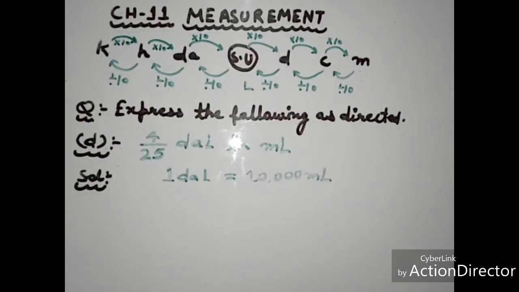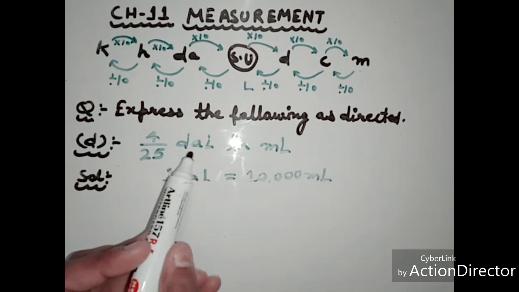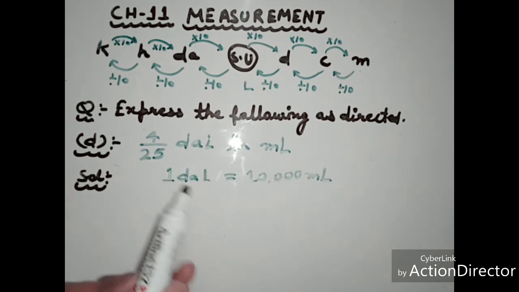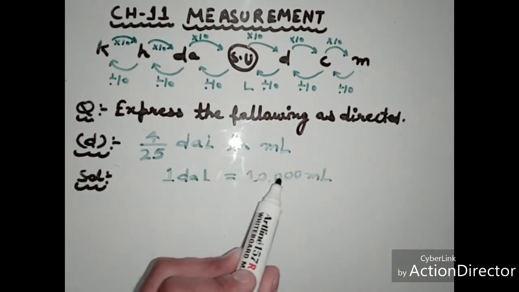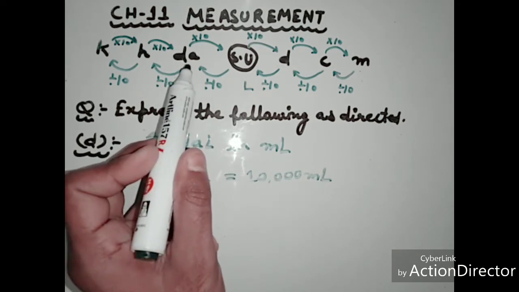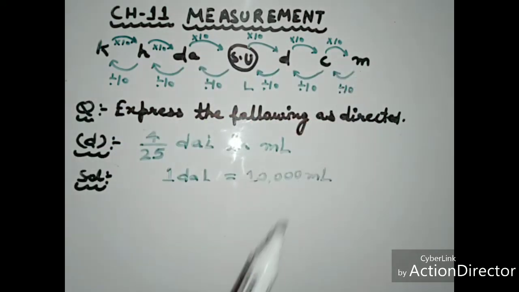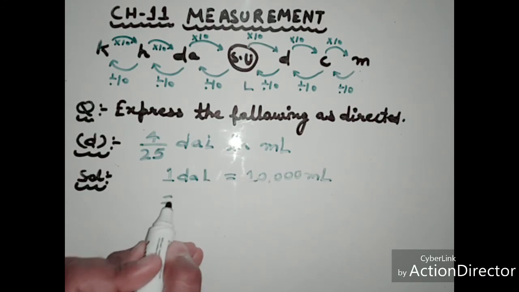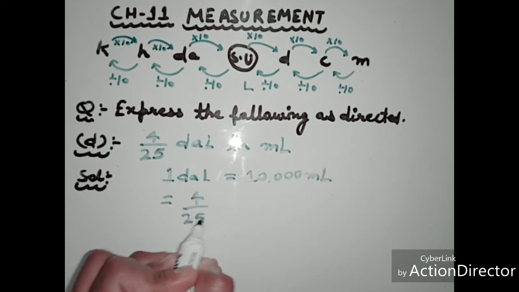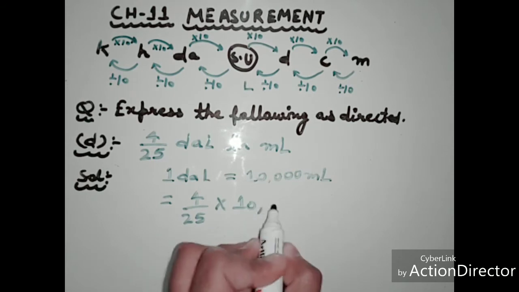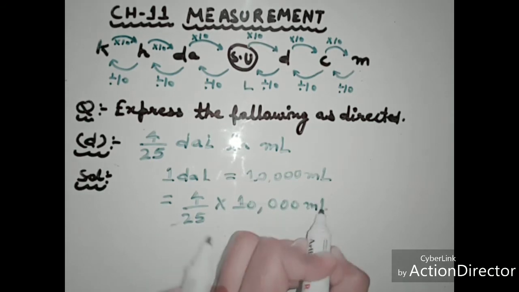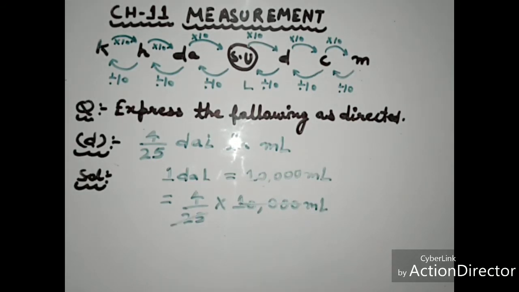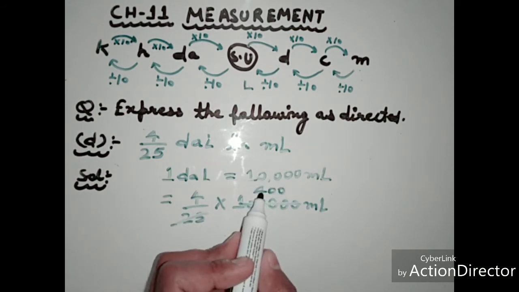Here example number D. 4 upon 25 decaliter in milliliter. 1 decaliter equals 10,000 milliliter. Decaliter is here and it moves 4 places to the right hand side, higher to lower units. Now we multiply 4 upon 25 by 10,000 milliliters. 25 divides 10,000 in 400 times. 25 fours are 100.